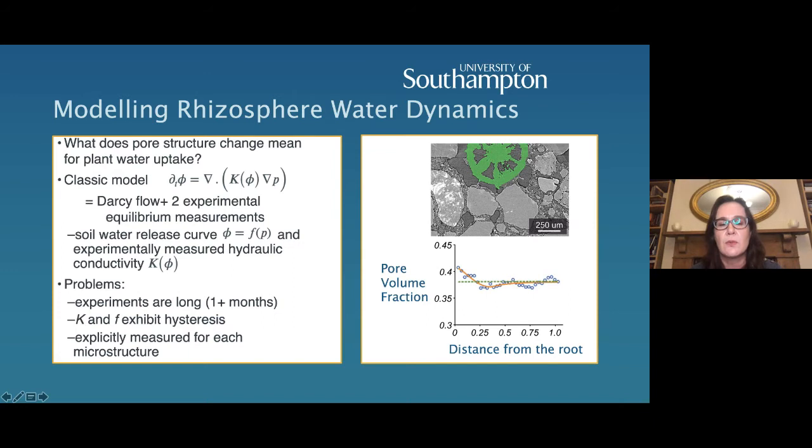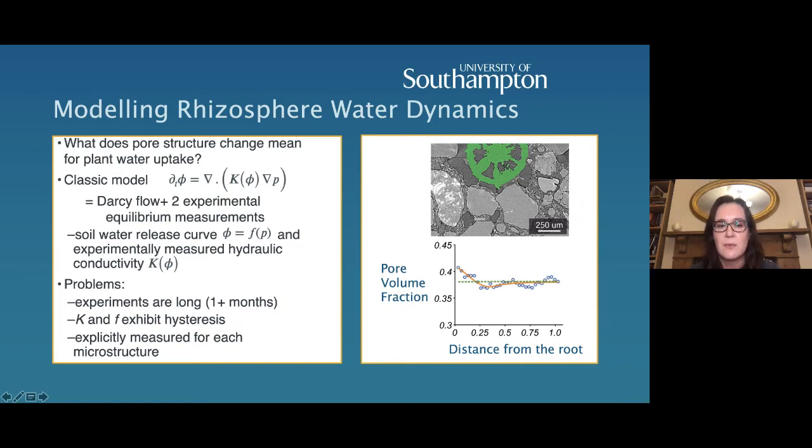Now, the classical soil water uptake model is called the Darcy-Richards equation, because it combines the Darcy flow for water with two experimental equilibrium measurements. One is the soil water release curve that relates the soil pore water pressure to the relative saturation in soil, and the other is the experimentally measured hydraulic conductivity, which needs to be measured for each relative saturation level separately.